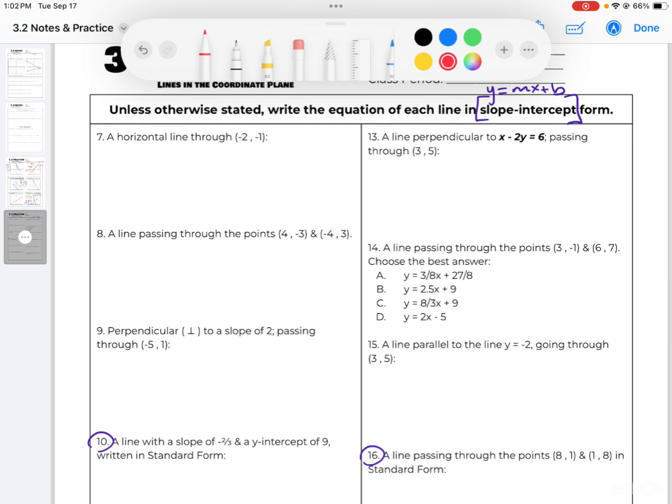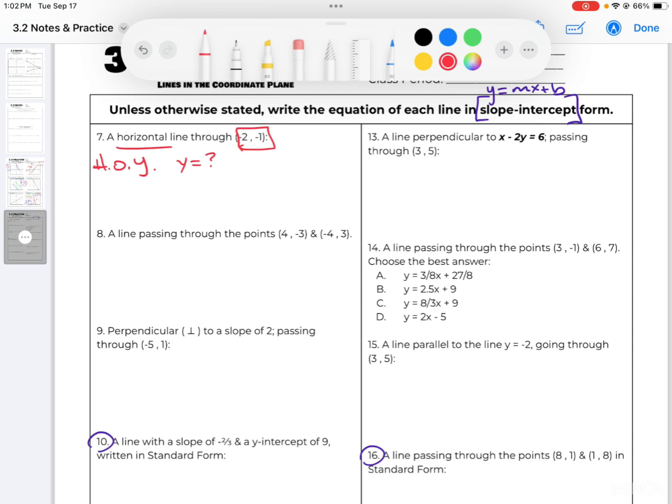So the first thing on number 7 is that we have a horizontal line going through a given point. So when we have a horizontal line, from our 3.1 notes, we know that a horizontal line has a slope of 0 and is written as y equals something, okay?